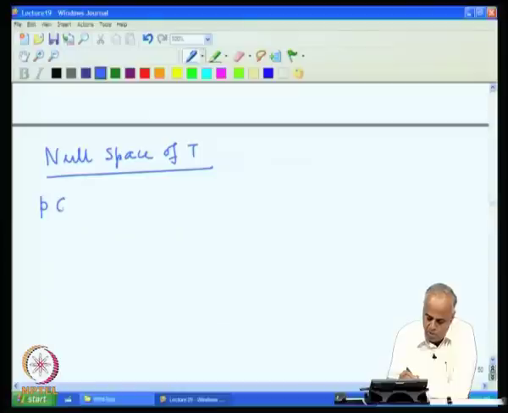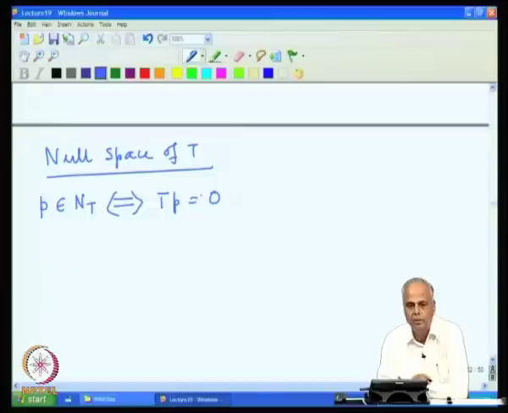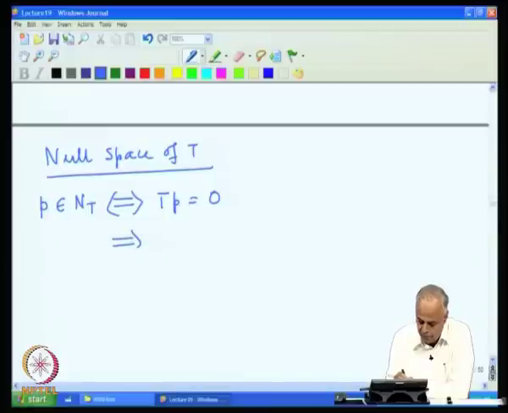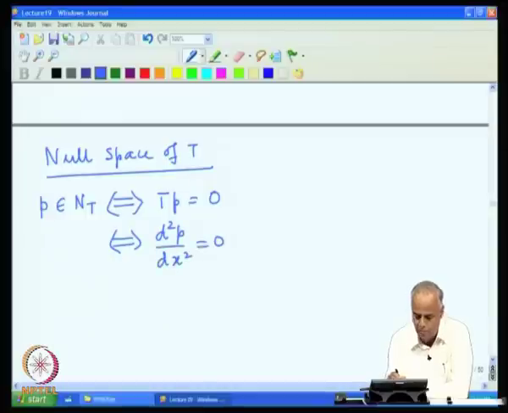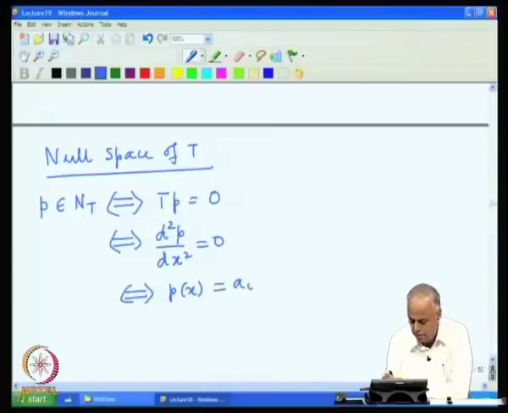So, p belongs to the null space of T if and only if it gets mapped to the 0 polynomial, or its value under T is the 0 polynomial. If and only if T is defined as d squared, so it is d squared p by dx squared is 0. This means p(x) is a linear polynomial a0 plus a1 x, where a0 and a1 belong to F.